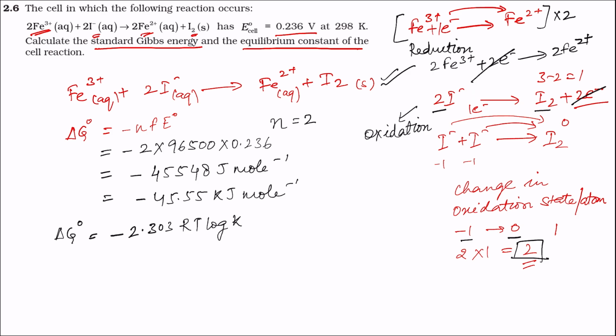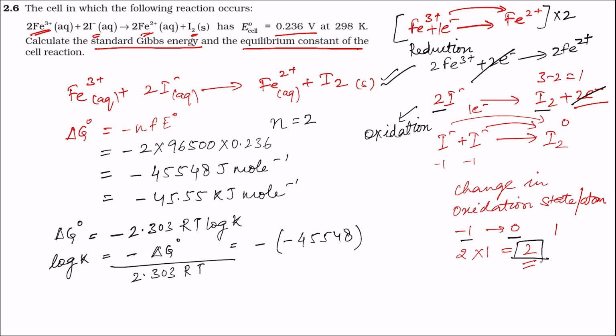Now delta G is also equal to minus 2.303 RT log K, where K is the equilibrium constant. So using this equation, log K is equal to minus delta G divided by 2.303 RT. Value of delta G is negative, so minus minus 45,548.